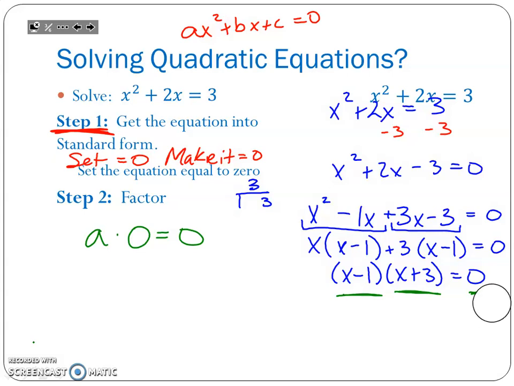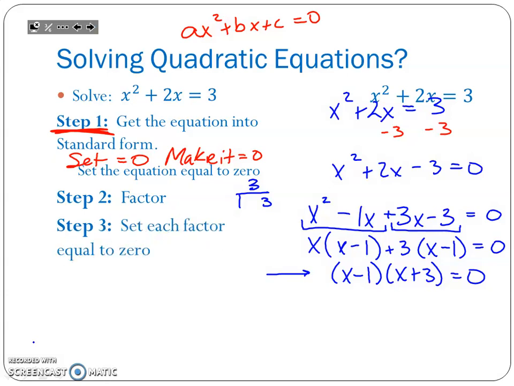So what the zero product property allows us to do is say, if I have something times something equals 0, I'm going to be able to set both of those factors equal to 0. So once I get it completely factored, I'm going to set each factor equal to 0. So I'm going to have an x minus 1 equals 0, and I'm going to have an x plus 3 equals 0. And now I'm just going to solve each of those equations.